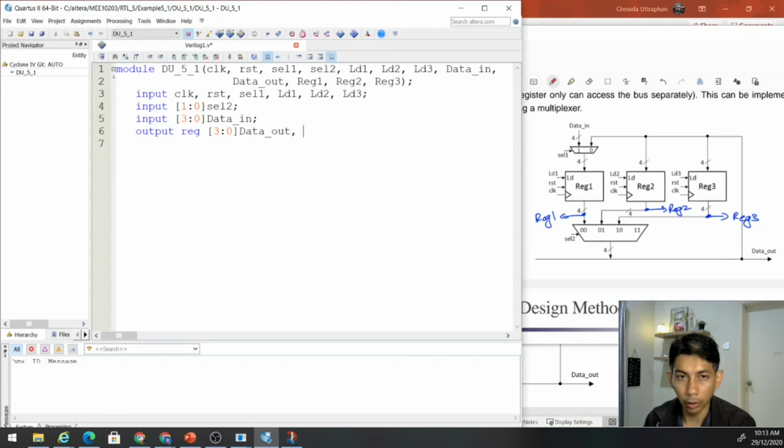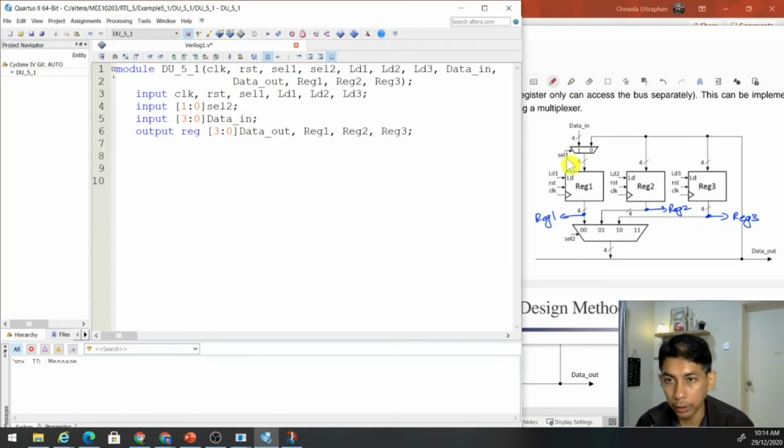So all must be declared as reg also. All right, so that should be the port list.